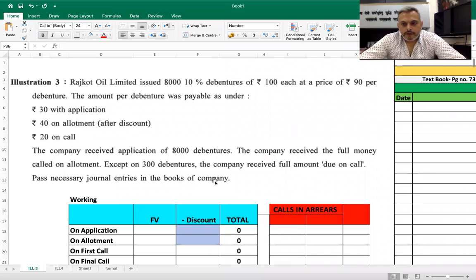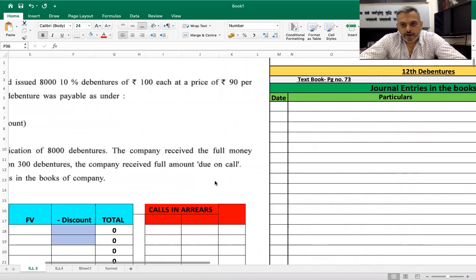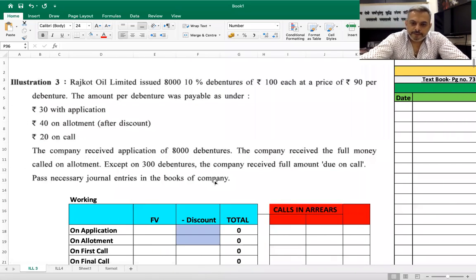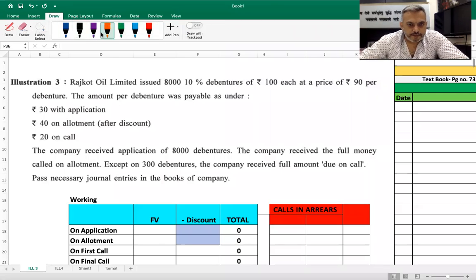Okay, now come to illustration 3 on page number 73. Rajkot Oil Limited issued 8,000 10% debentures.